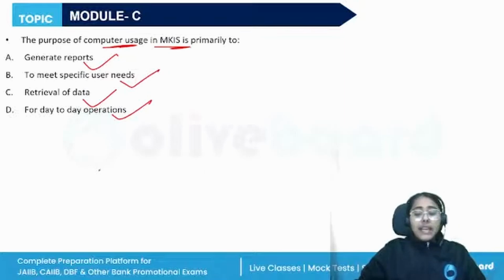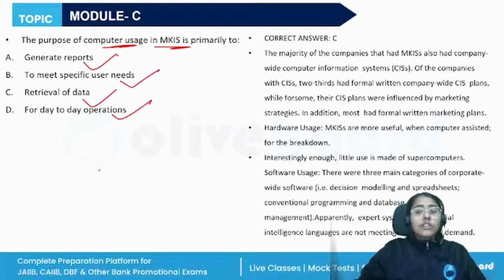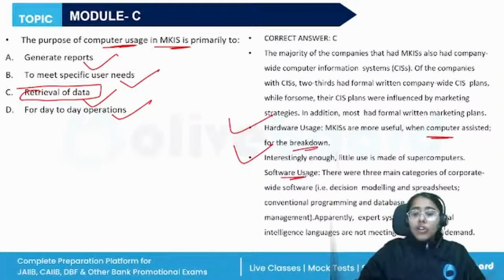So in the MKIS, computer is used for the retrieval of data. There is the hardware usage and the software usage. Hardware is used when the computer is attested for the breakdown, and software usage for decision modeling, conventional programming, expert system, artificial languages.